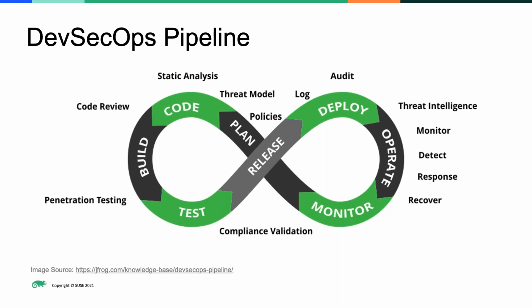So basically, when the whole team put together in different stages, they will have different tool sets to help them automate the whole process to run security along with this DevOps pipeline to deliver their application, to deliver their software into the production environment.